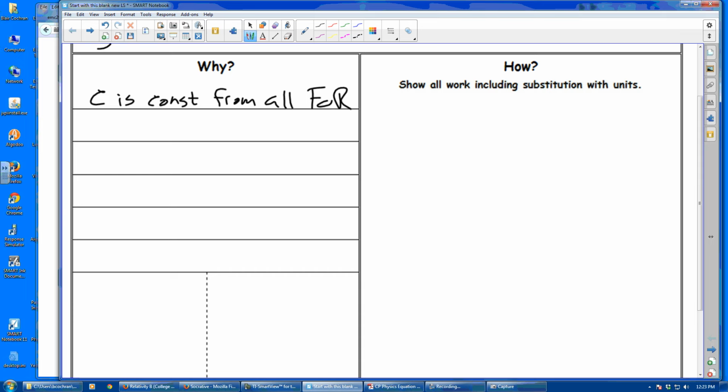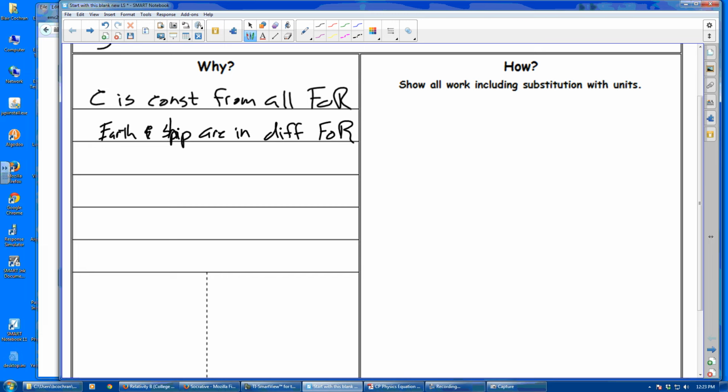let's say that, what do we want to say? We want to say the Earth and ship, that's an H, are in different frames of reference, right?